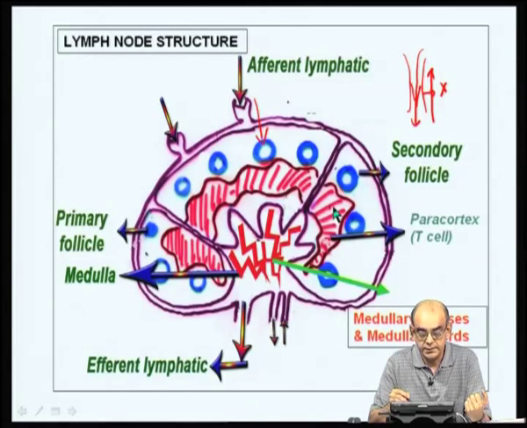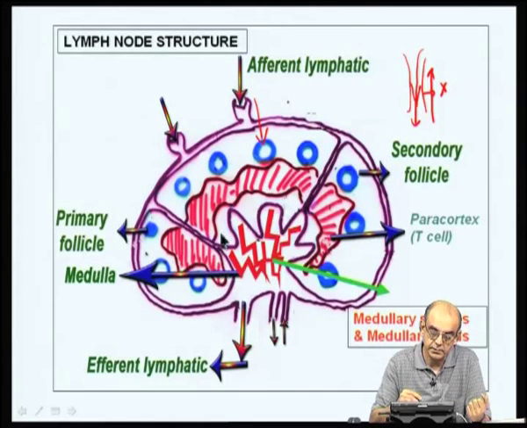From the paracortex, the antigens and some of the cells that are activated, especially the B cells which have got activated and differentiated into plasma cells, accumulate in this region. This is a region which I have marked by these red stripes, which we will look into in the next slide.